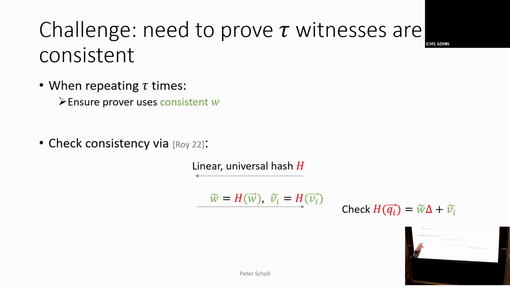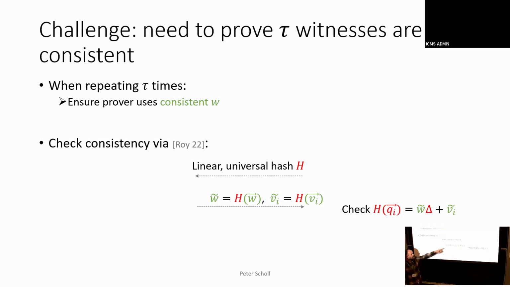which we take from this Soft-Spoken OT extension protocol, which kind of uses similar ideas to build oblivious transfer, where the receiver will sample a random challenge. In this case, it could just be some random field elements. So now we'll define it to be a linear universal hash function, basically a structured randomized matrix.